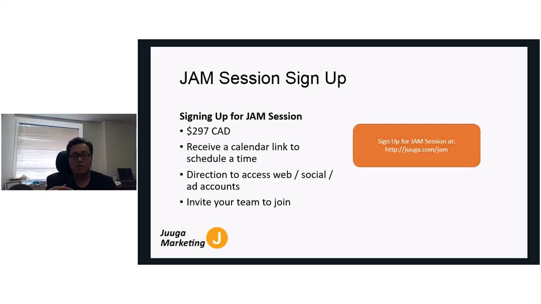Worksheet meaning that I need you to help me understand a little bit about yourself, and then you also need to send me your website or social media or ad account, anything that can help me understand your business or your stage of marketing efforts right now. And then you can also invite your team to join at the same time, and that will be the jam session.